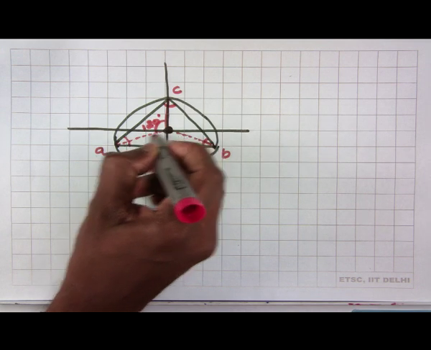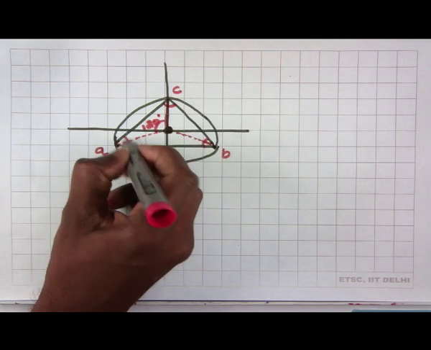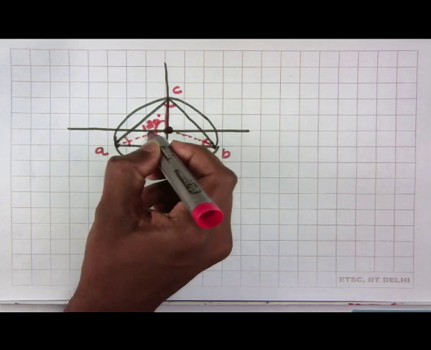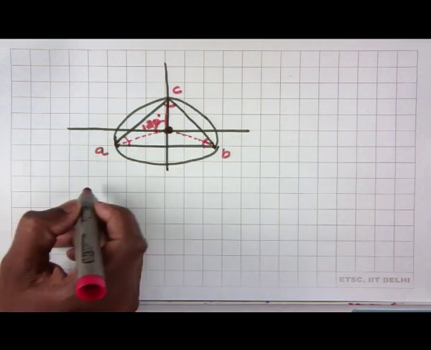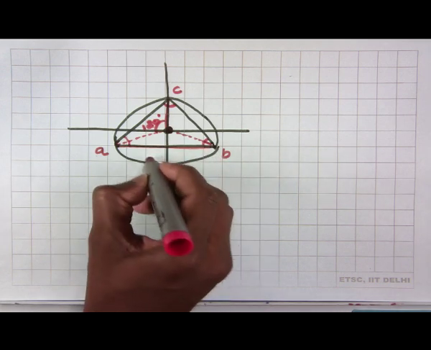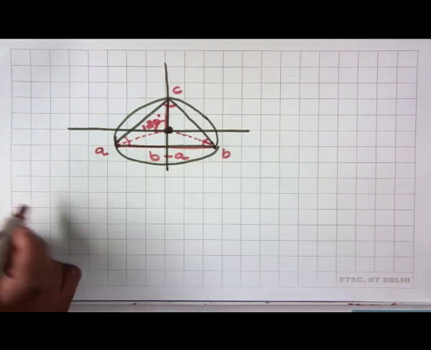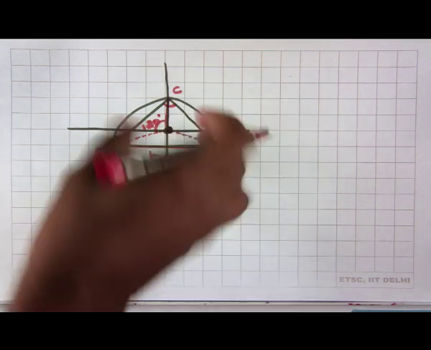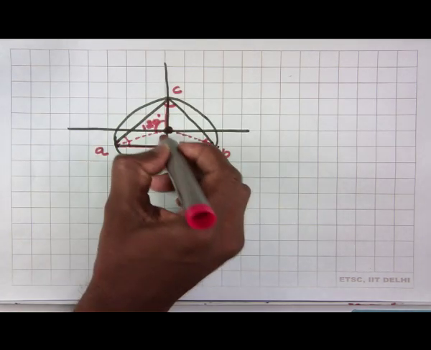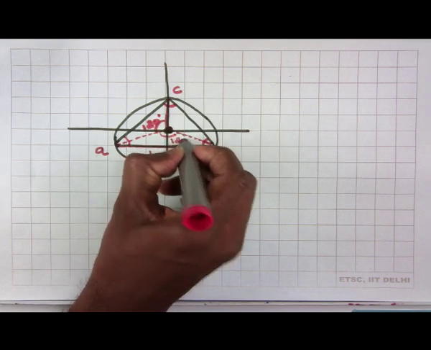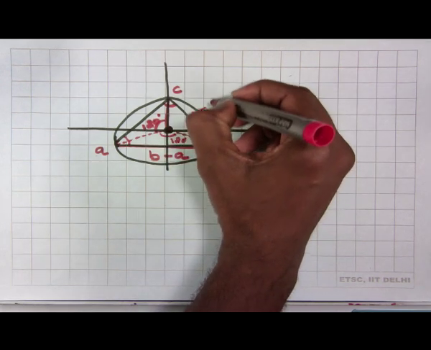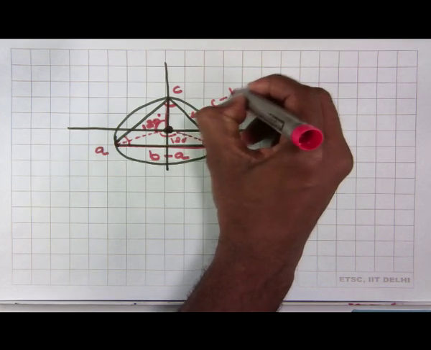This particular line bisects our original angle, which means this is 30 and the other one is 30, so the remaining will be 120. So from this observation what we can see is that this side vector, b minus a, if you rotate it by 120 degrees, will reach the side c minus b.